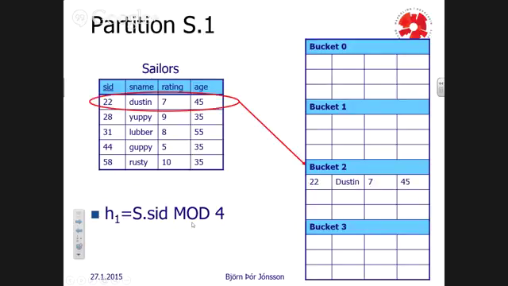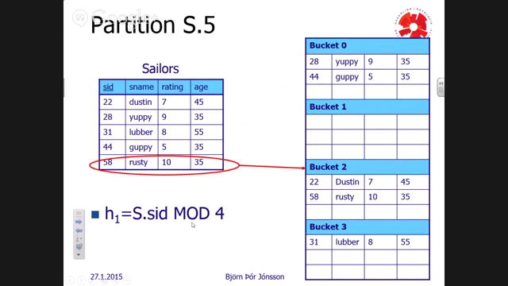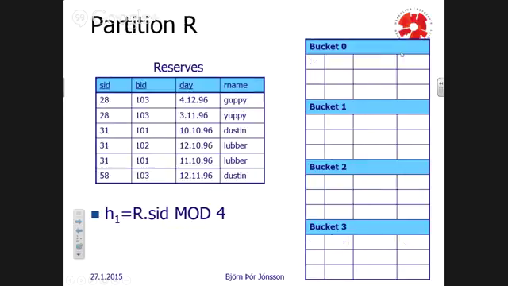So we take the first one, modulo 4 is 2, next one modulo 4 is 0, and so on, and we just fill the hash table. And these buckets are actually on disk. So this is not just in memory, it gets written to disk. So again, doubling the space requirements for the table, just temporary stuff that we need to store on disk. But this is the way to do the join, because otherwise we can't fit it. Then we partition R with the same hash function, and then we do the join.